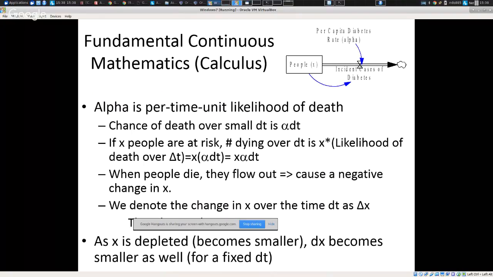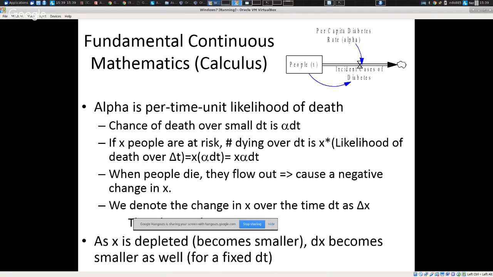But after some number of years, we only have 500, we'll be leaving at how many people per year? 5 people per year. And after a little bit longer, we have 100 people there, we'll be leaving at how many people per year? 1. So as the value of the stock goes down, the rate at which it's draining goes down as well.